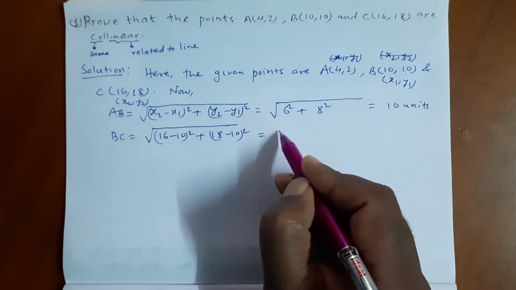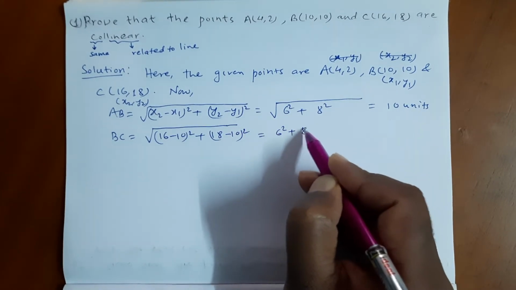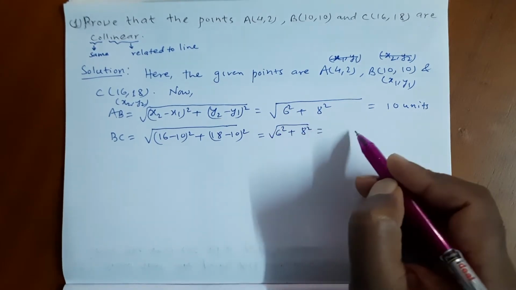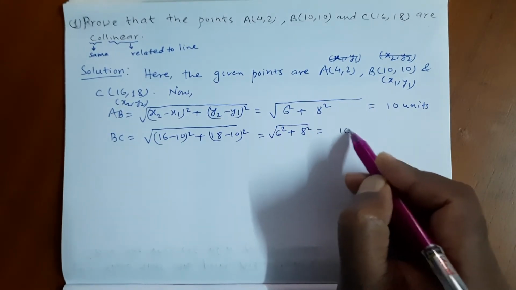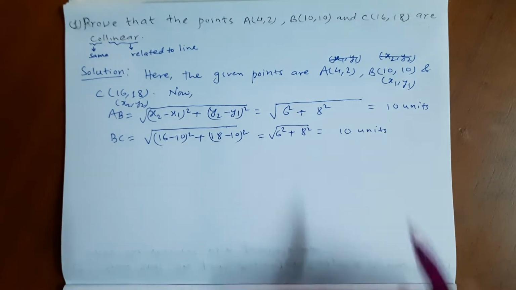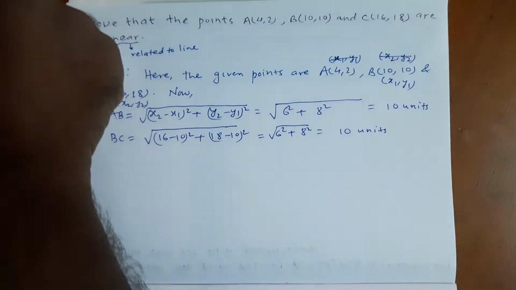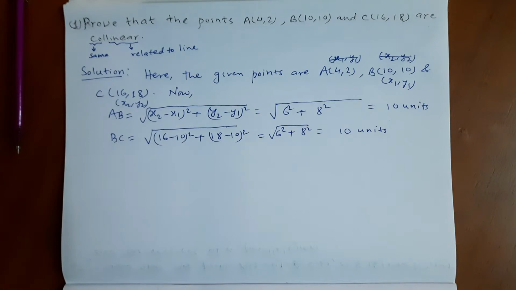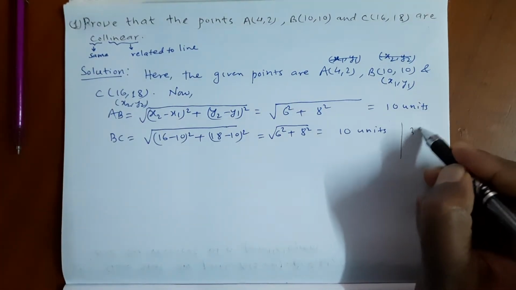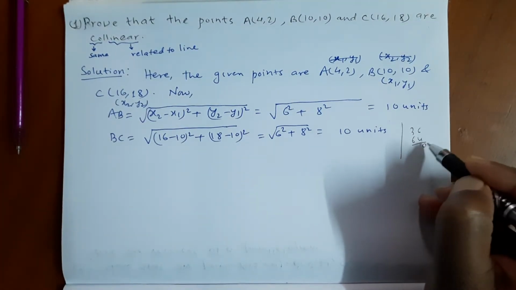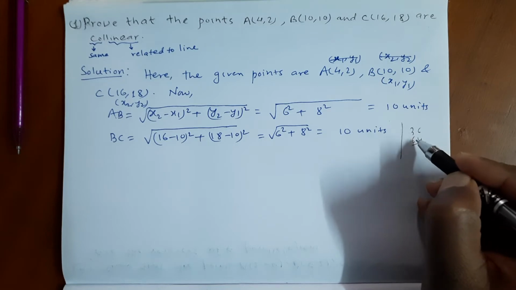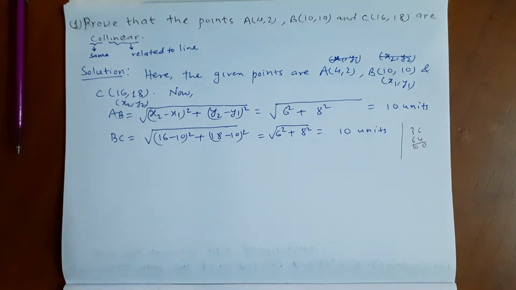That gives you 6 square plus 8 square, which will also be 10 units when you calculate. I'll show you the calculation on the side: 36 plus 64 is 100, square root of 100 will be 10.